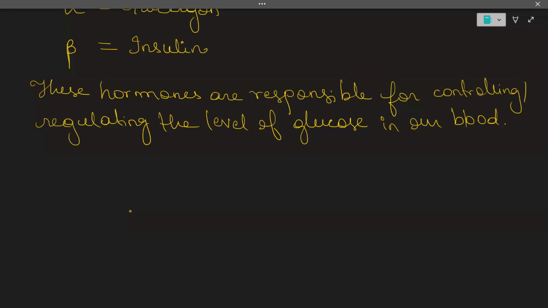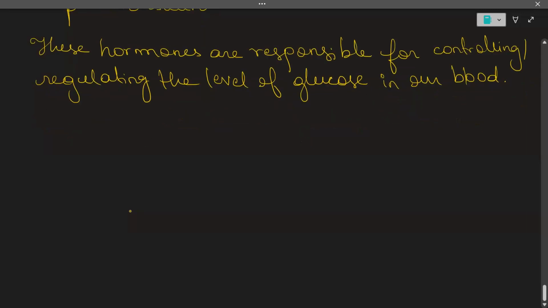Diabetes mellitus is the disease caused when there is insufficient release of insulin in our body. So the person who has the deficiency has to take insulin injections so that this hormone is present and is responsible for the breakdown of glucose in their body.